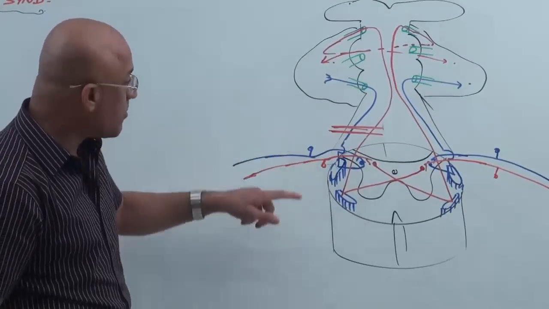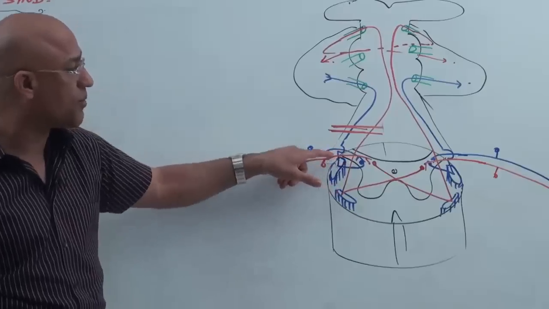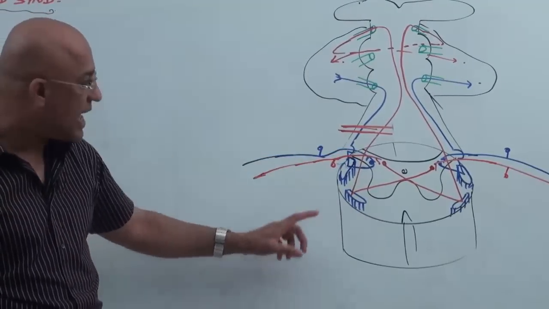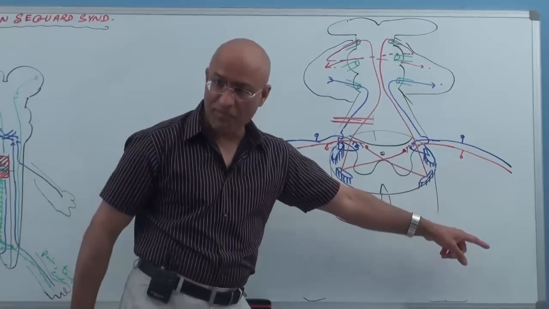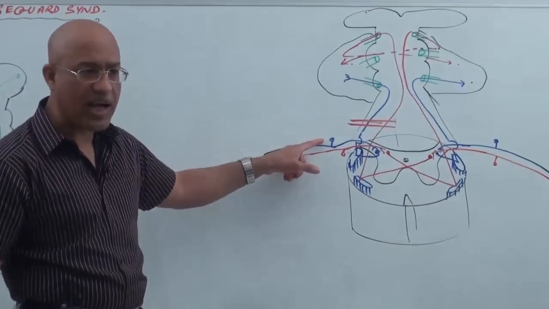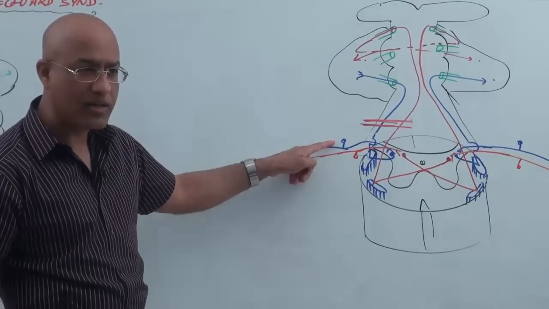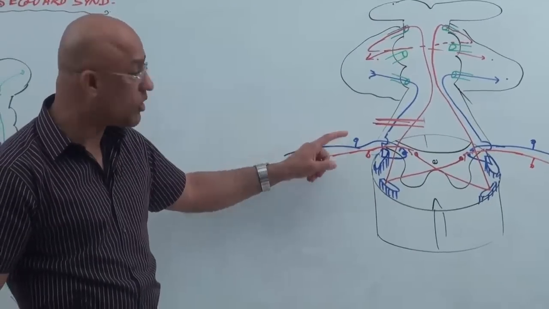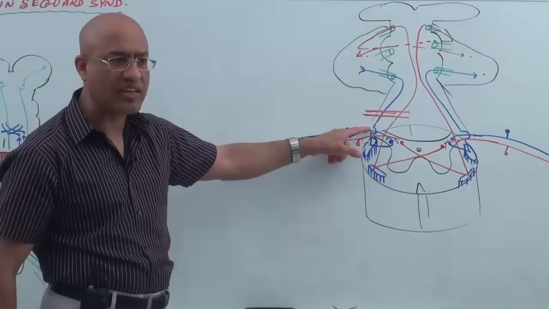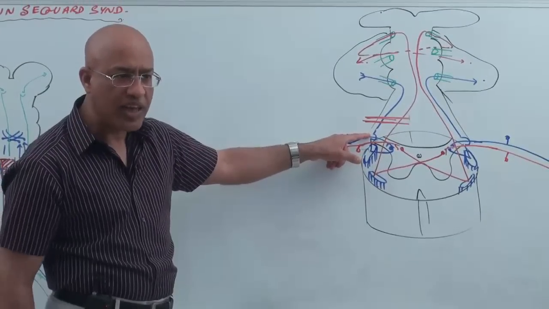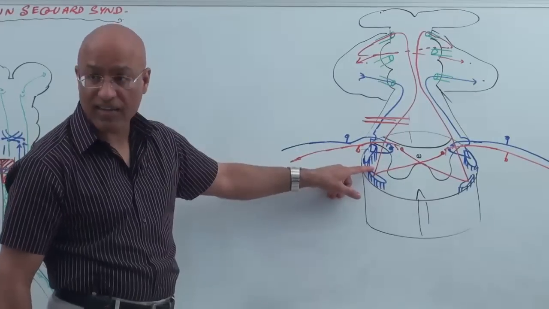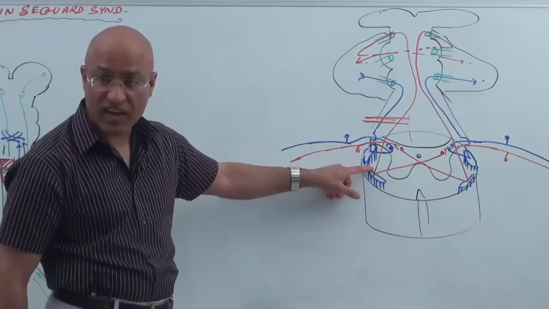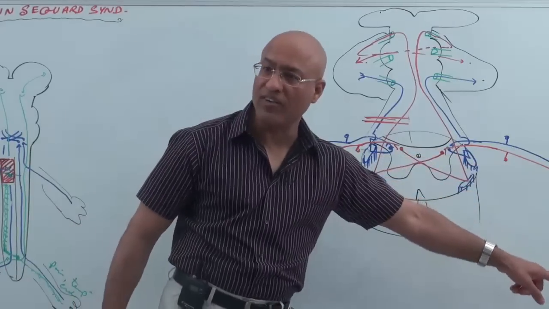But the dorsal was taking information from the ipsilateral limb and the ventral was taking information from the contralateral limb. Damage to the dorsal tract will produce dystaxia on the ipsilateral limb below the level of lesion, but damage to the ventral tract will produce dystaxia in the contralateral limb.